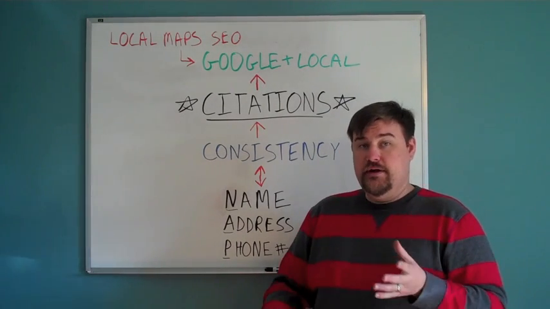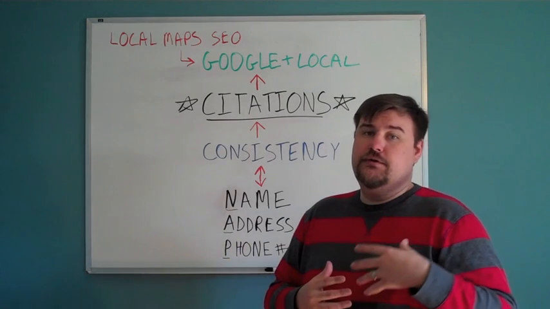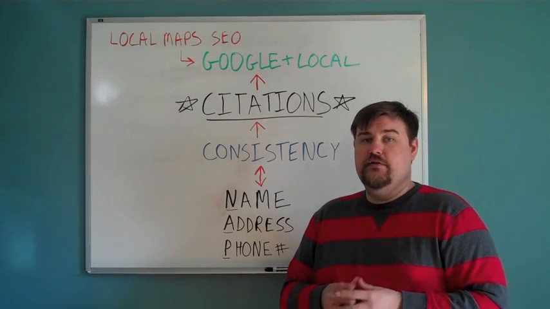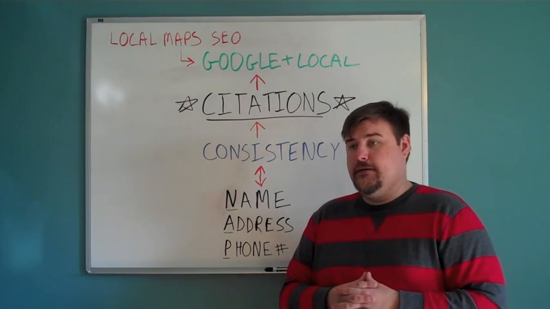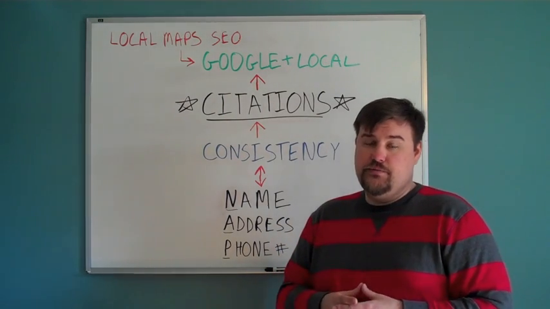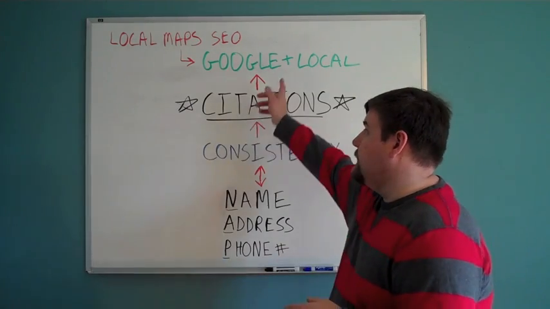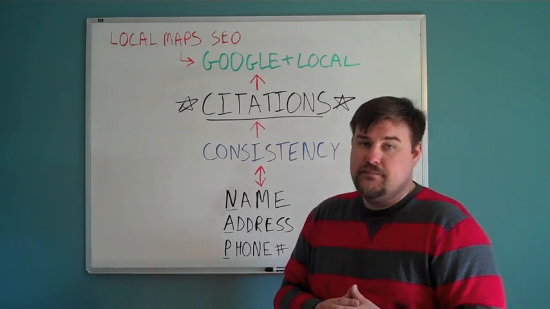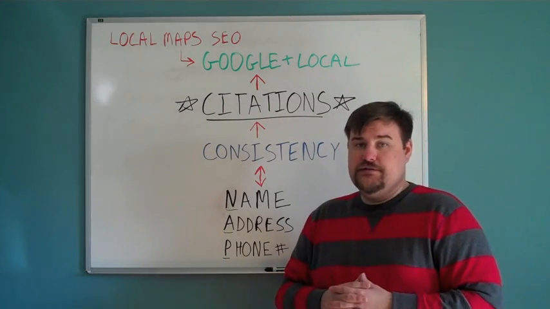This might seem like a no-brainer, but sometimes companies try to get cute and utilize keyword phrases in the name of their business, even though that might not be the real name of the business. So keep it consistent across the board. Whatever your Google Plus profile name is, make sure that you're utilizing that same business name across the board on all your citations as you build them out.